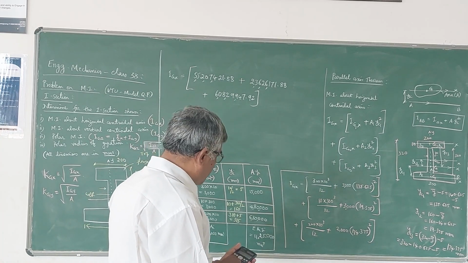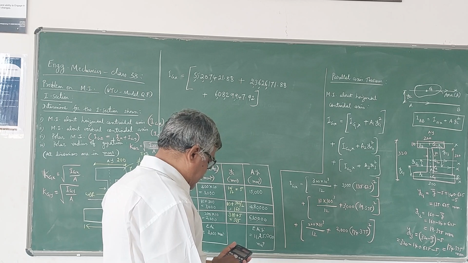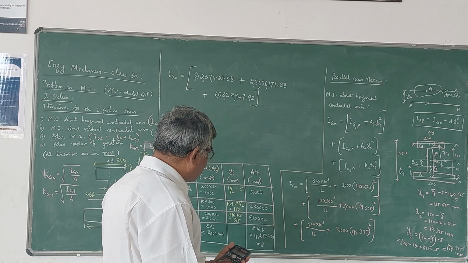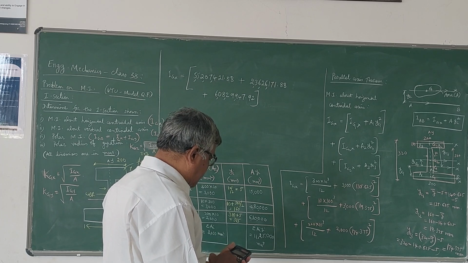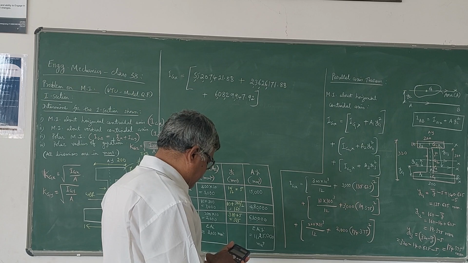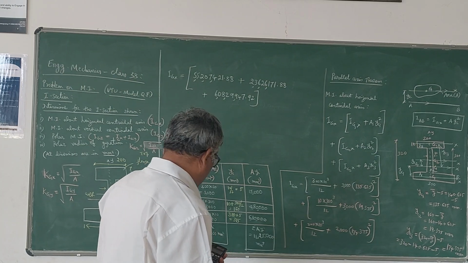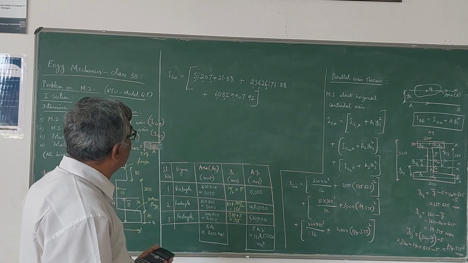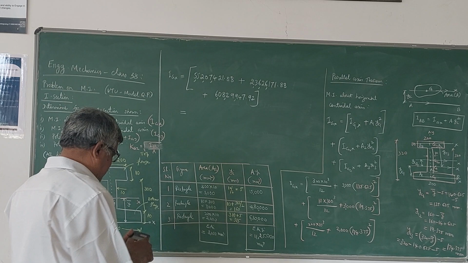Then the third value, 200 into 1000 divided by 12 plus 2000 into 174.375 square. So it comes out to be 60829947.92. Correct. Now if you add these three, you are going to get the IGX value.